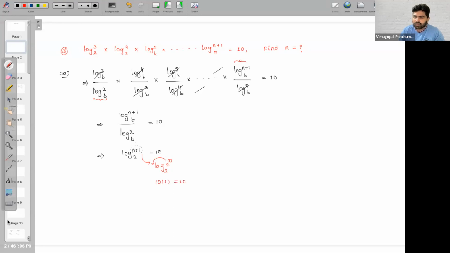Yes, that is true. Therefore, n plus 1 is going to become 2 power 10.